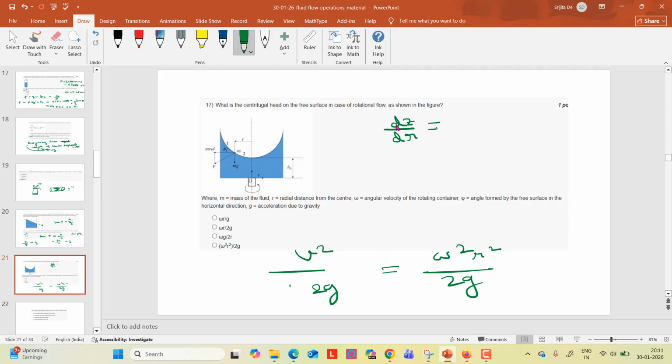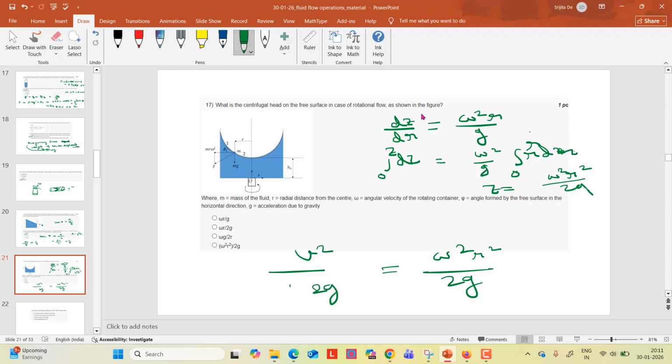This is dz by dr equals omega square r by g. Now if we integrate dz from 0 to z, and omega square by g can be taken out, then r dr, sorry, from 0 to r, it will be giving you z equals omega square r square by 2g. This is option D.